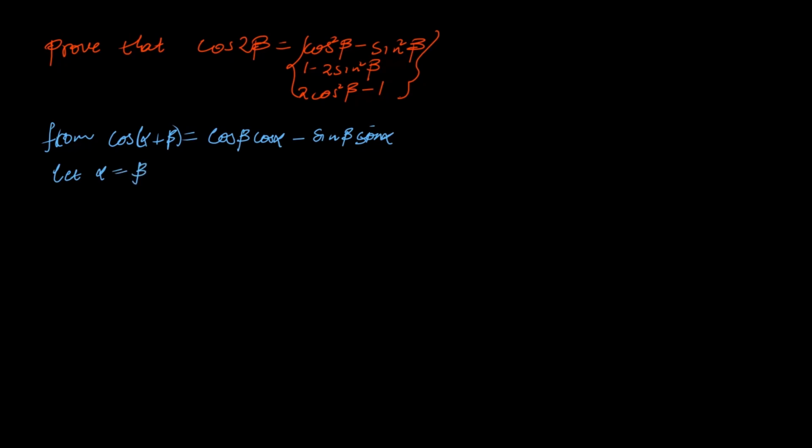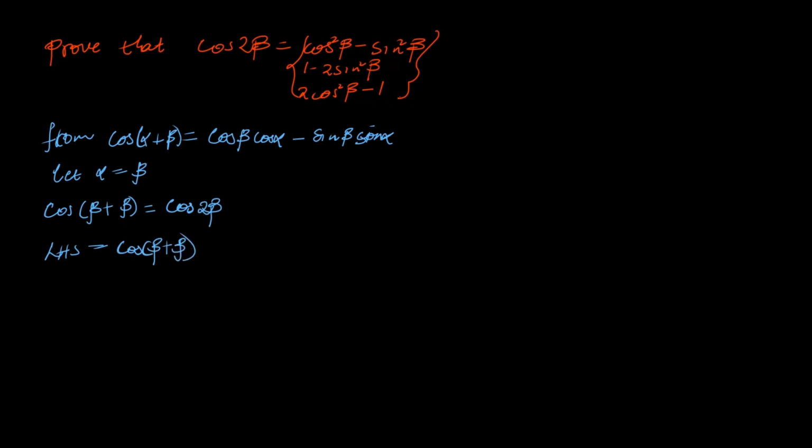That basically means that you'll just have cos into beta plus beta. Remember we have already chosen our angles, this is the same as cos 2 beta. So our left hand side, we are saying it's cos into beta plus beta.